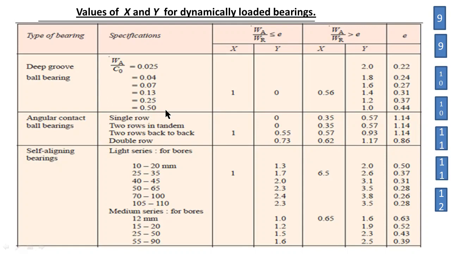So you have to consider the X and Y values for the corresponding WA by C naught and E values.